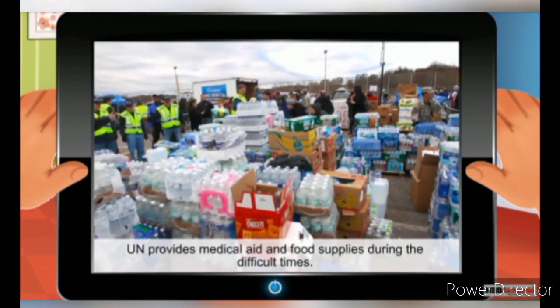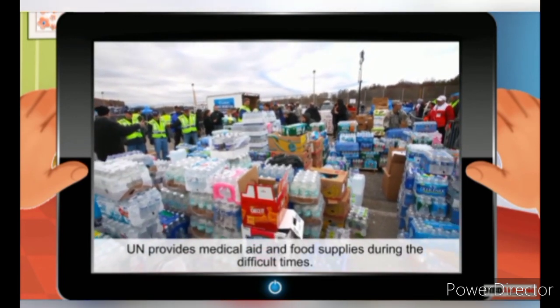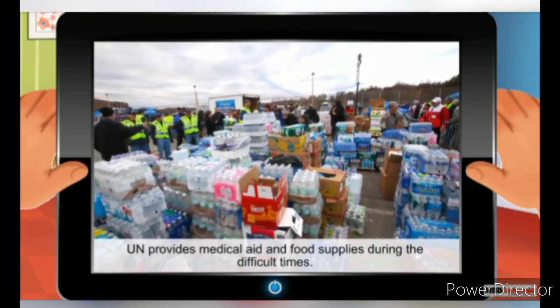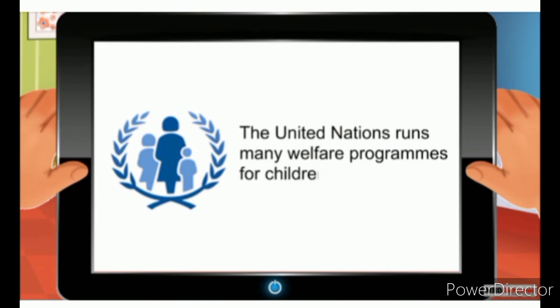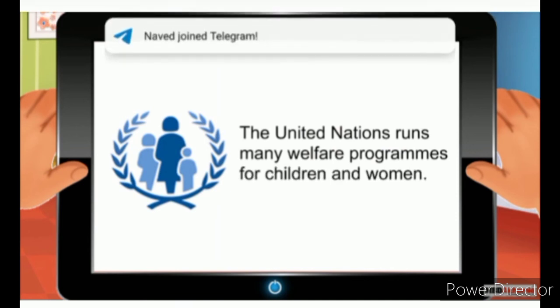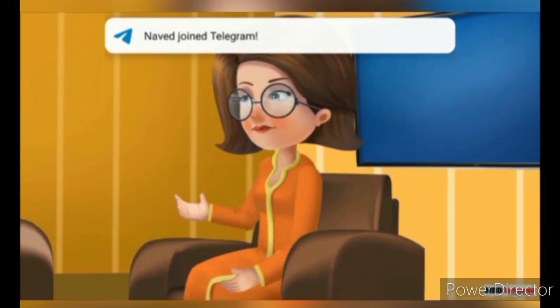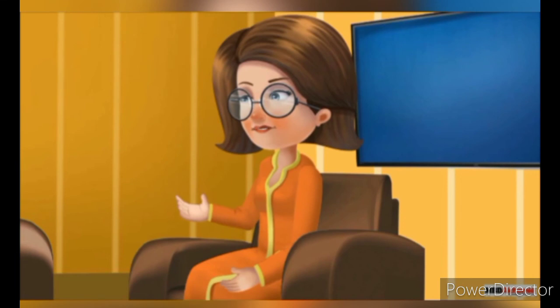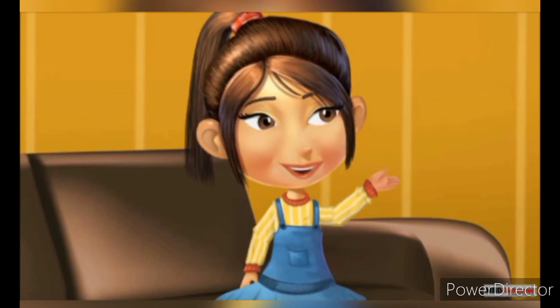It provides medical aid and food supplies during the difficult times. The UN has also started many programs for child development and women welfare. These are good points. You should send your composition as soon as possible. Thank you, Mom.